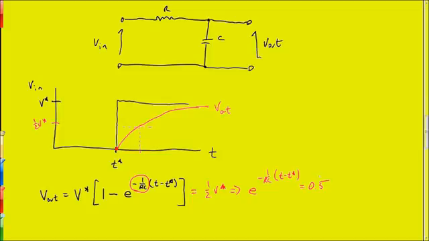Take the logarithm of both sides and move the RC to the other side, and you see that t minus t star is equal to minus RC log of 1/2, which is equal to about 0.637 times the combination RC. So as RC gets larger, the system response is slower, and of course as RC gets smaller, then you can get a very fast system response.